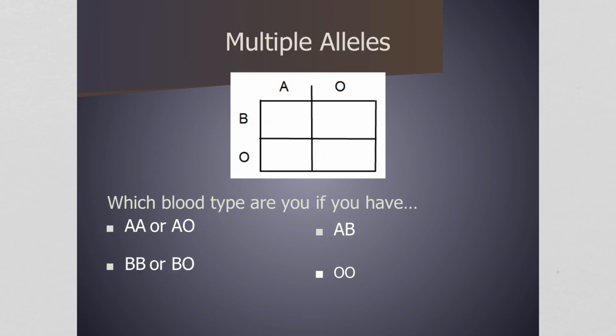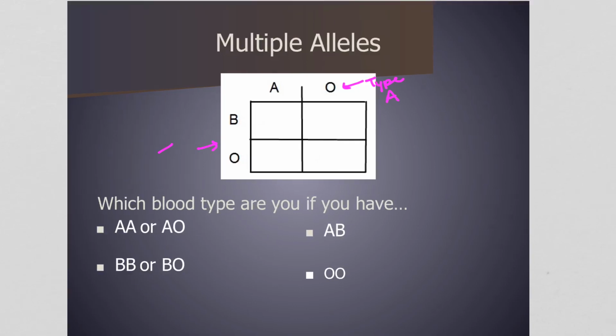And here's a practice with this. So in this case, the phenotype here is type A. And this individual would be type B. Let's work the Punnett square.